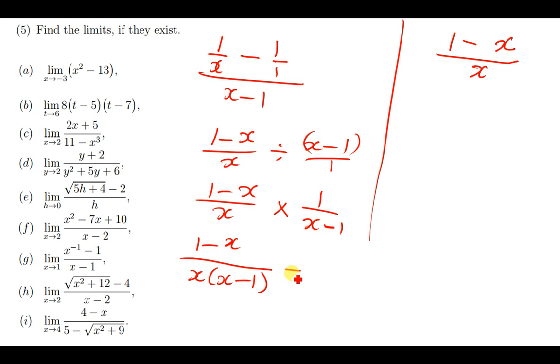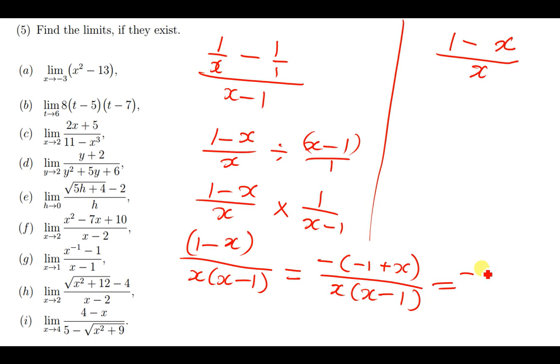So the numerator there, we can factor out the negative 1 so that we have negative 1 times x minus 1, then everything divided by x, open brackets x minus 1. So this can be simplified further. We can write it as negative, and then we have x minus 1, everything divided by x outside, and then we have x minus 1 there.